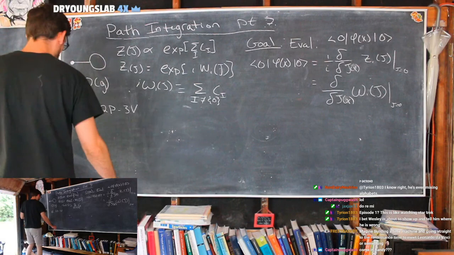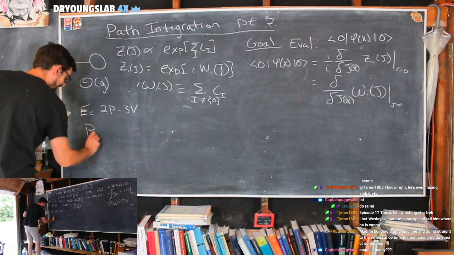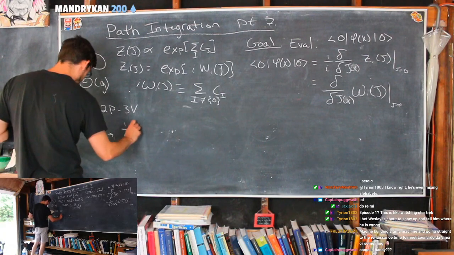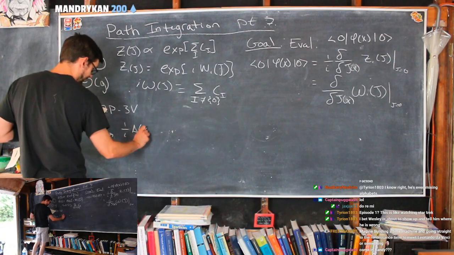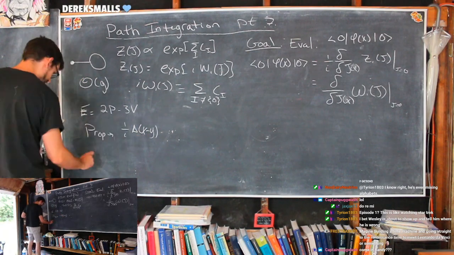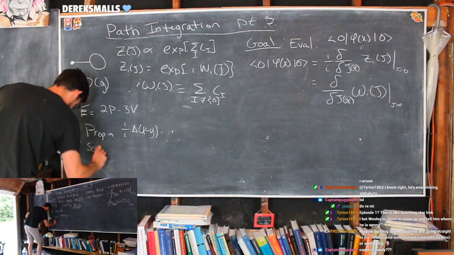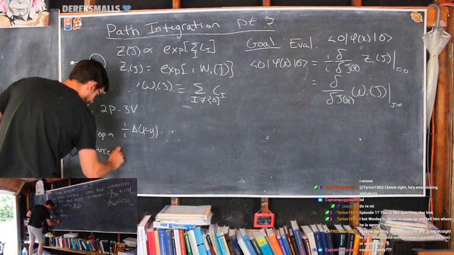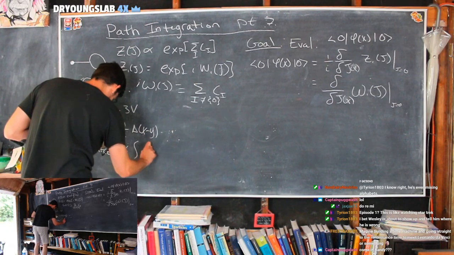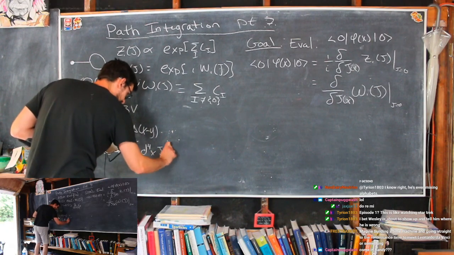Let's just see some of these rules real quick. Well, if we have a propagator, then we're going to get 1 over i, and then the propagator itself, or what we saw to be the Green's function, the extension from the Green's function. I should say it's the Green's function for a certain solution. And then i and the integral of d^4x, J(x).